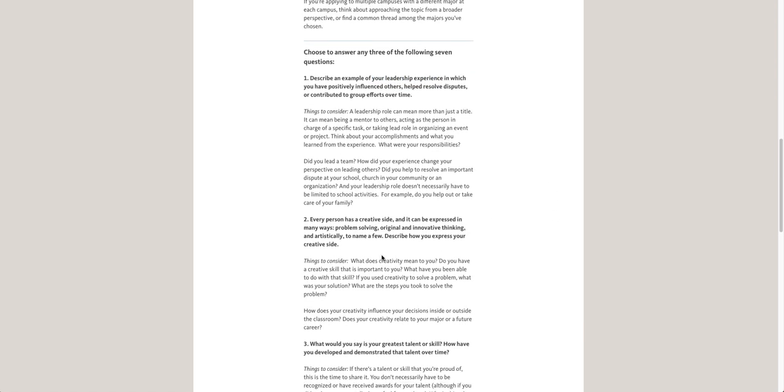All right, number three. What would you say is your greatest talent or skill? How have you developed and demonstrated that talent over time? So this one is also a really good prompt. It's very straightforward, and it's not specific, as in, oh, what leadership experience do you have? This one is kind of similar to the second one.